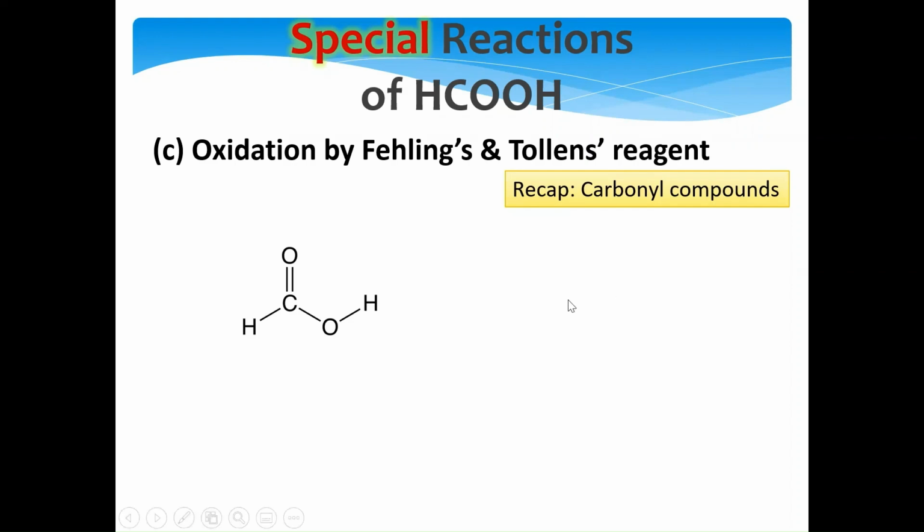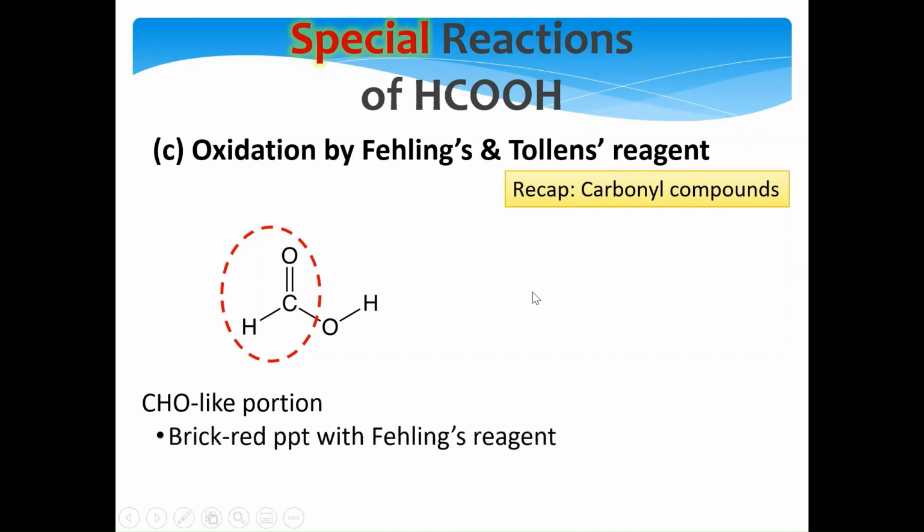If we draw out the structural formula of methanoic acid, HCOOH, we will see that there is an aldehyde-like CHO portion. As a result, when we react methanoic acid with Fehling's reagent, we'll see a brick red ppt. And if we react methanoic acid with Tollens' reagent, we will see a silver mirror.